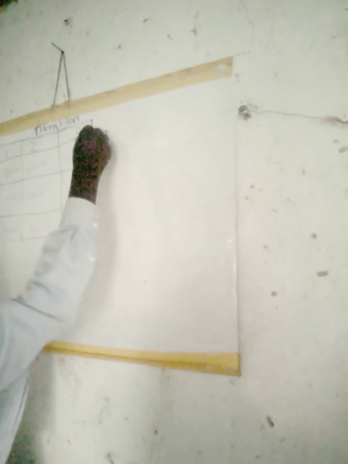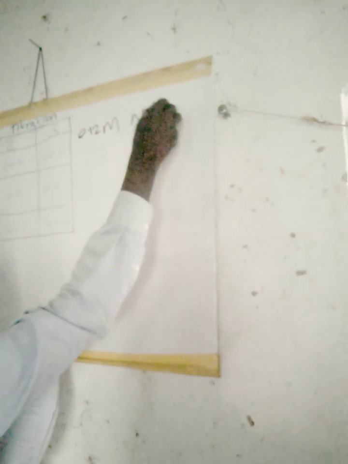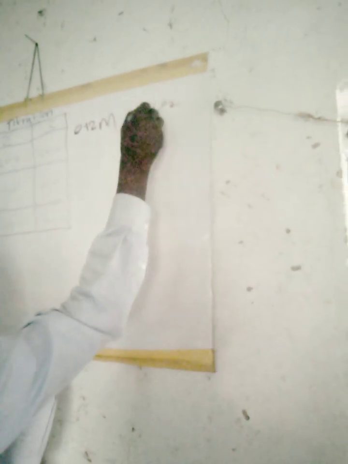Now here we have the procedure. You have been provided with 0.12 molar sodium carbonate. So this is now the reagent that you have been given, 0.12 molar sodium carbonate.